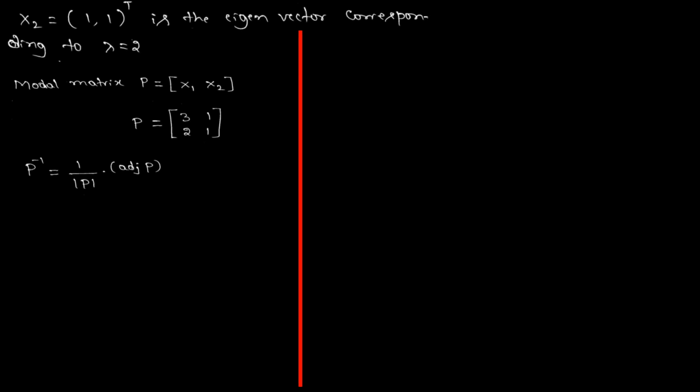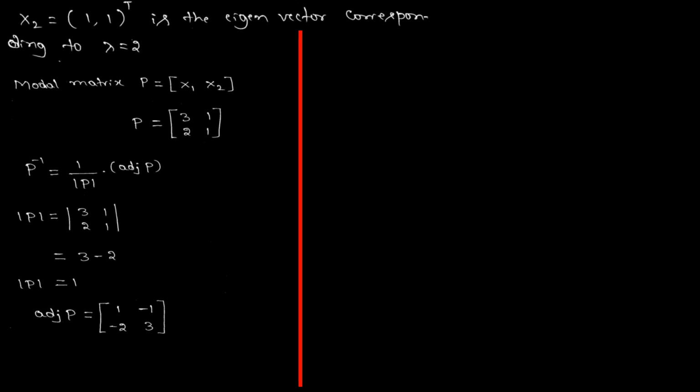Let us find the inverse of P. We already know how to find the inverse of a matrix: adjoint of P divided by its determinant. Let us find the determinant of P. Determinant of P is 1. Now let us find the adjoint of P. We know how to find the adjoint when P is 2 cross 2.